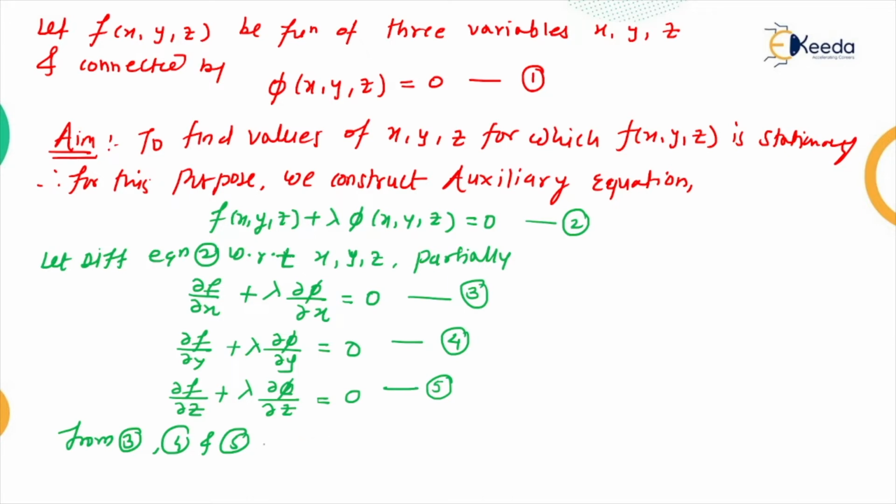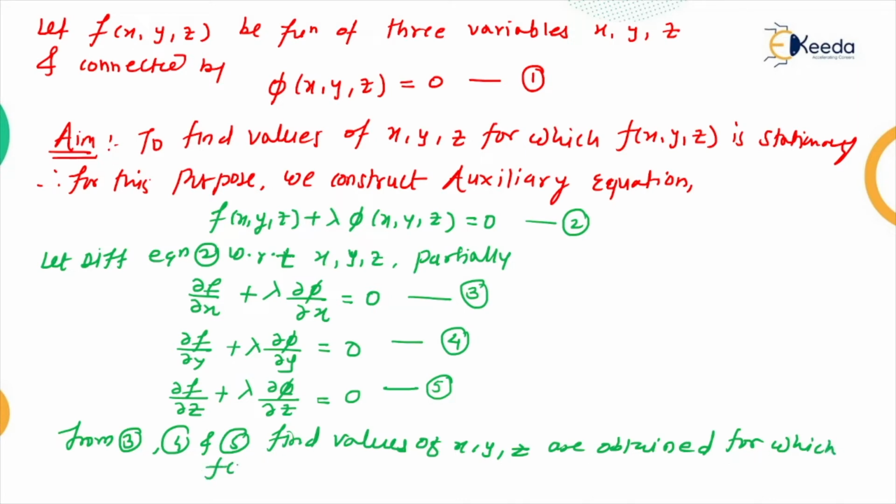From these equations we first eliminate lambda and find the values of x, y, z, which are essential for finding the maximum and minimum of a function. Using these values, we find the stationary value of f of x, y, z.